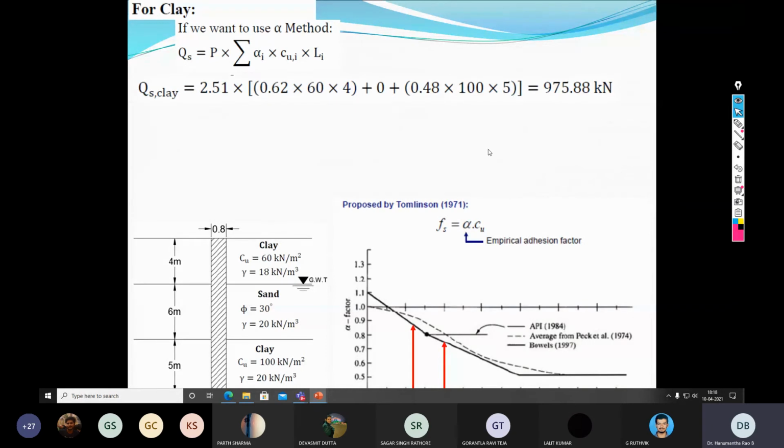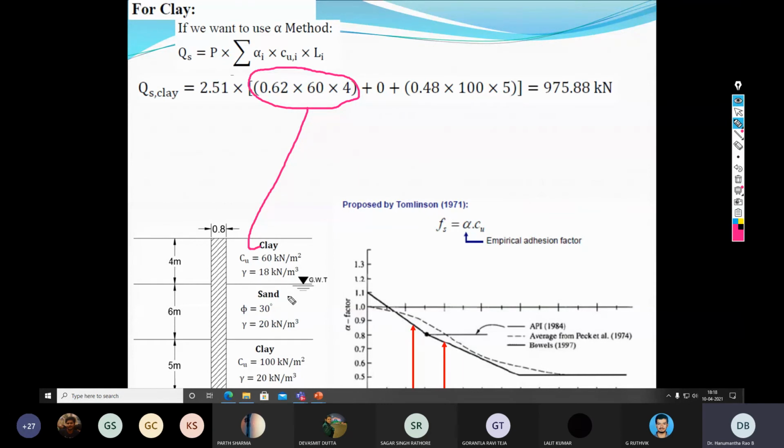Okay, now I know everything. So perimeter is 2.51. Alpha for the first layer is 0.62, Cu is 60, and length of that layer is 4. So this is for layer 1, clay.